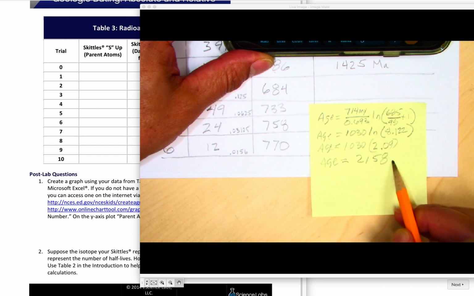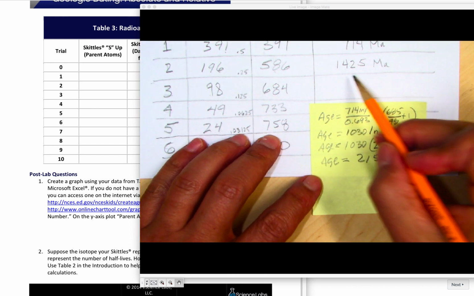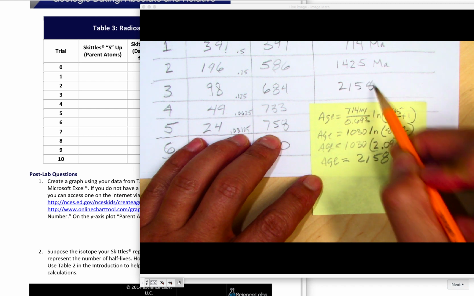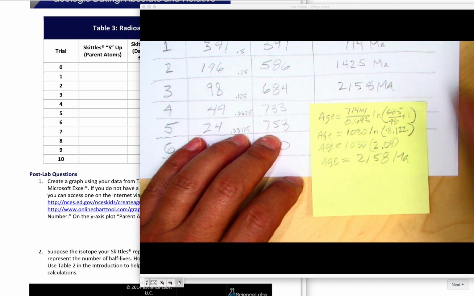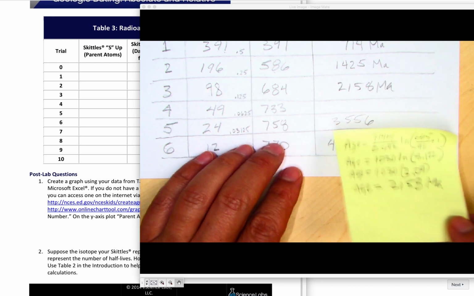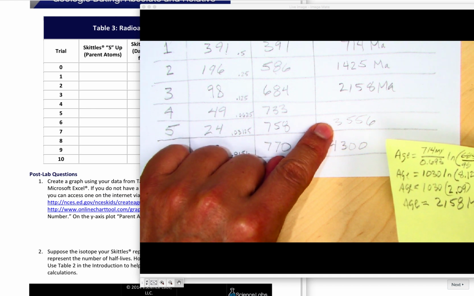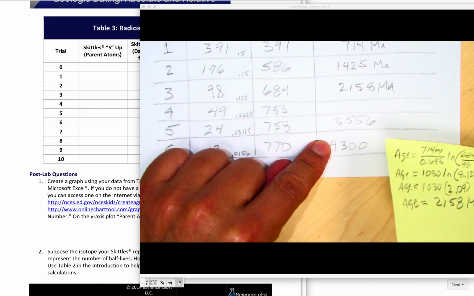I'll just round it up. Million years. So that number would go right here, 2158. That's just doing it by using the equation that they gave us. You can try this next one, but as you go farther along, it's going to get older and older and older.